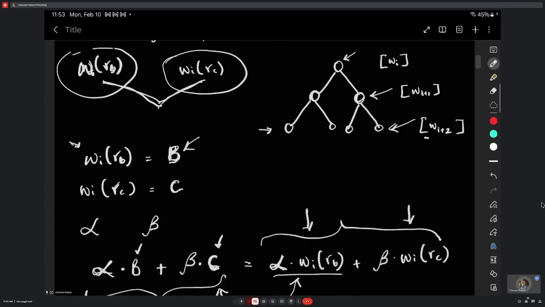So, let's say we have a polynomial 2, 4, 6, 8, 10, and this is W2. If we evaluate W2 at 2, what is the value we'll get?